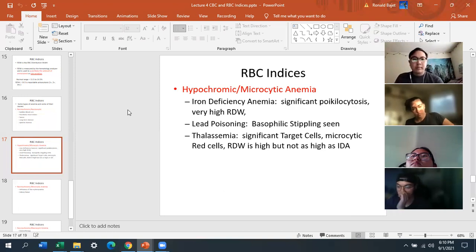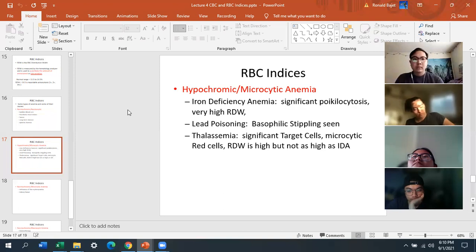In lead poisoning, you'll see what's called basophilic stippling. Basophilic stippling is where the red blood cells look like they have freckles. Did I show you basophilic stippling on day one? No? Okay, I'll make sure I go over that.